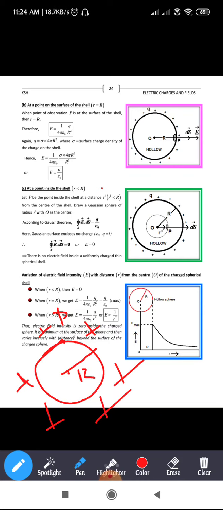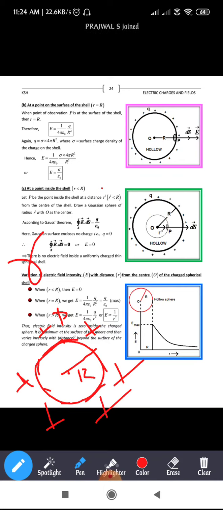In order to calculate the electric field at the point on the surface of the spherical shell whose radius is R, you need to draw a Gaussian surface on that surface itself. So we are going to draw a spherical surface on that surface itself. Here small r is nothing but the radius of the spherical Gaussian surface.